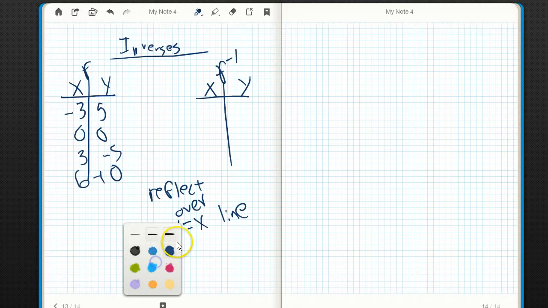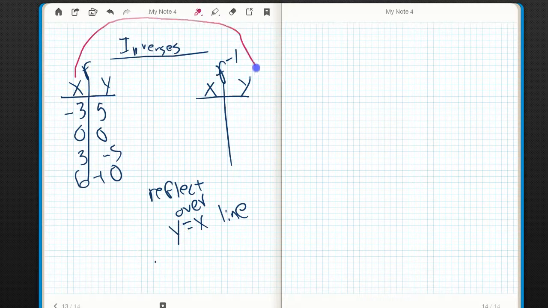That just means that your input of your f function becomes your output of your inverse, and your output of your f function becomes the input of your inverse. Okay, so it's 5, 0, negative 5, negative 10, negative 3, 0, 3, and 6. So all you're going to be doing is just switching them. That's all you have to do.